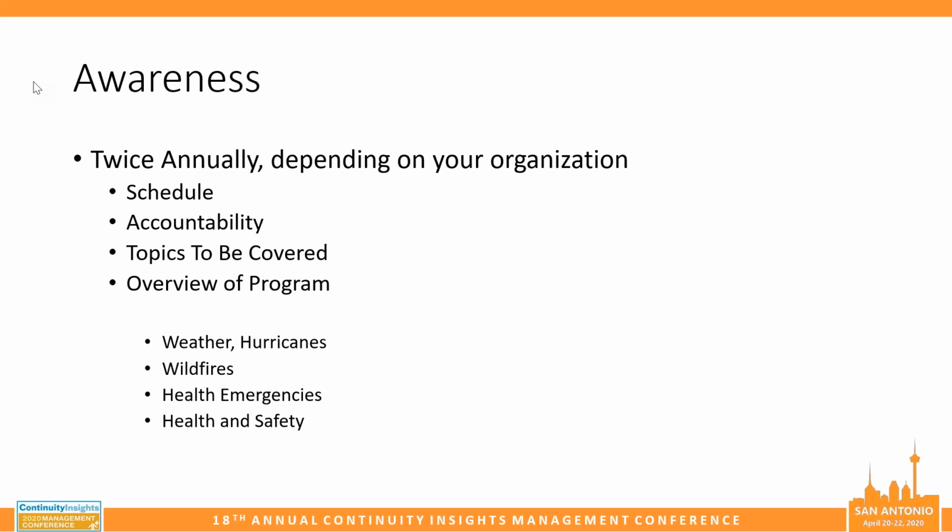And then what are the topics that would be covered in the awareness, such as whether you're focusing on weather or hurricanes, wildfires, and in today's climate, health emergencies or health and safety. For example, you may have an awareness communication about working remote and safety hazards that could happen when you're working remote. Or you could have an awareness on, this is our business continuity program, and we want to make sure you know who the contacts are.